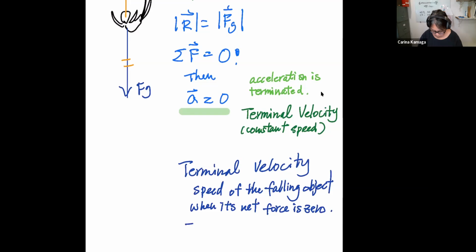So therefore, its acceleration is terminated.